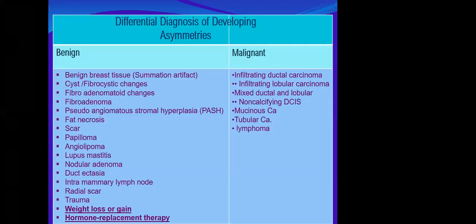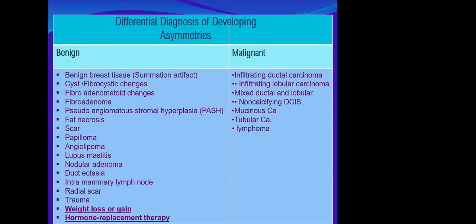As we mentioned, the differential diagnosis of developing asymmetry is a long list, starting from benign tissue, summation artifacts, cyst, fibrocystic change, fibroadenomatoid change, fibroadenoma, pseudoangiomatous stromal hyperplasia, fat necrosis, scar, papilloma, angiolipoma, lupus mastitis, nodular adenosis, duct ectasia, mammary lymph node, radial scar, trauma.